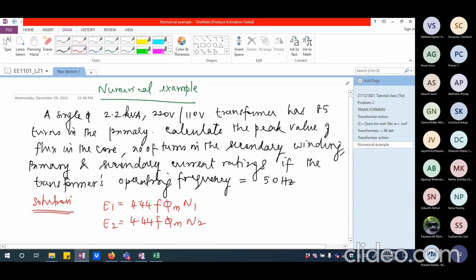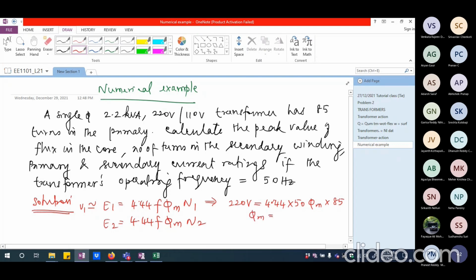So we can directly use this equation. If I assume that E1 and V1 are approximately equal, 220 volts will be equal to 4.44 multiplied by 50 multiplied by phi M multiplied by the number of turns, which is 85. From which you should be able to calculate phi M.